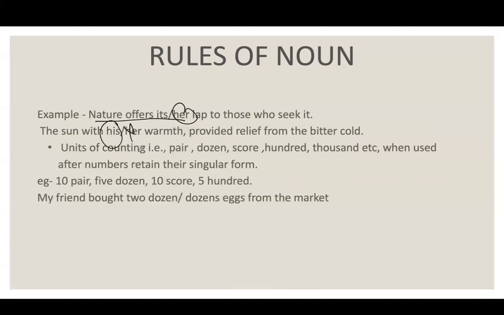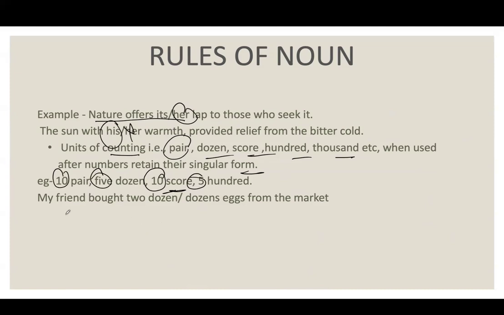Next we have units of counting, that is pair, dozen, score, hundred, thousand, etc. When used after numbers, they retain their singular form. These retain singular form when preceded by a number.